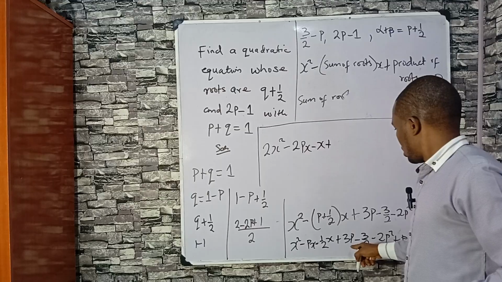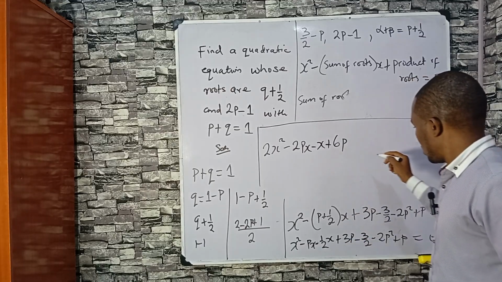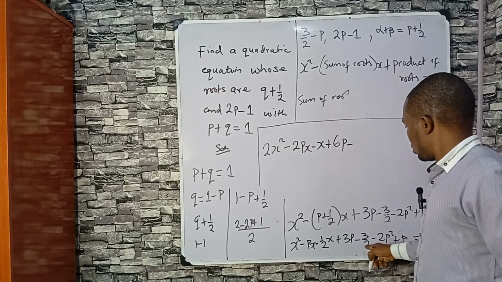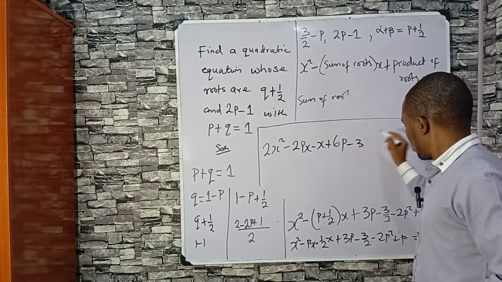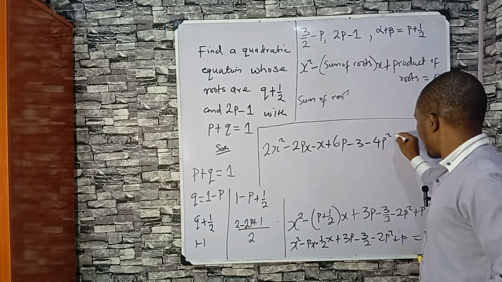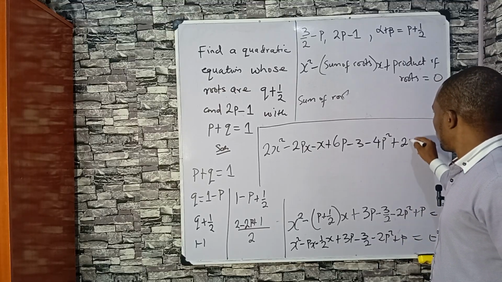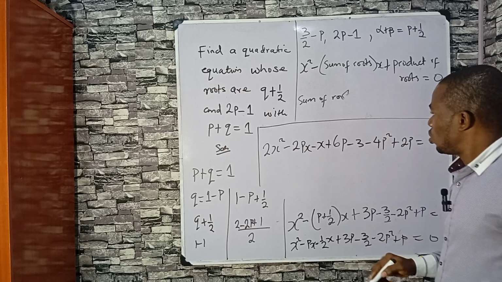Then plus 2 times 3p is 6p, minus 3 minus 4p squared, plus, here was p, that will be 2p, and it's equal to 0.